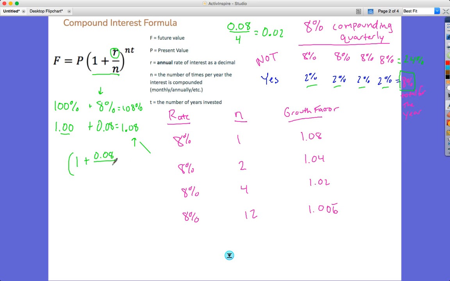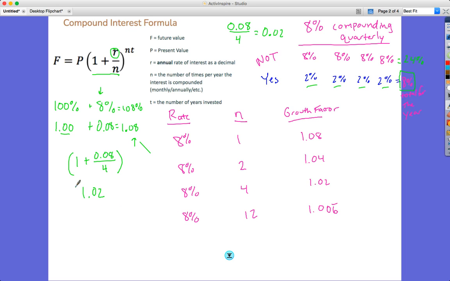So quarterly, we divide by 4 because it's splitting up into 4 groups. We're doing 2% each time to get 8% total. So there's your growth factor. It's now 1.02 instead of 1.08, because we'd be giving 2% each time.